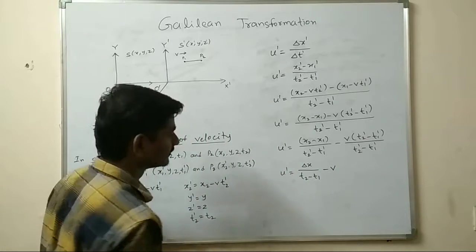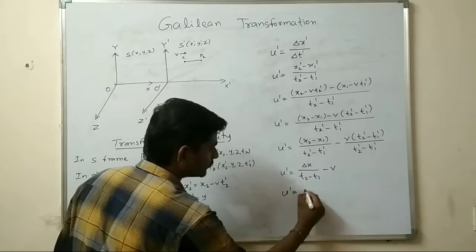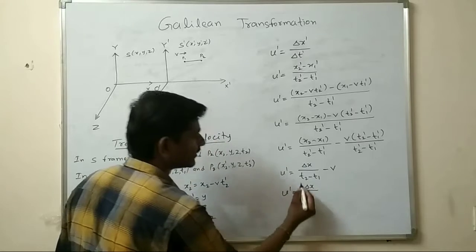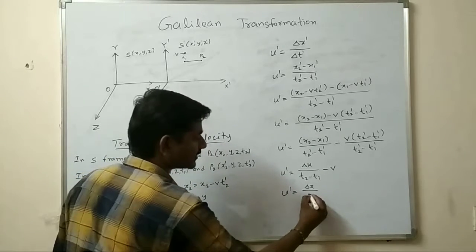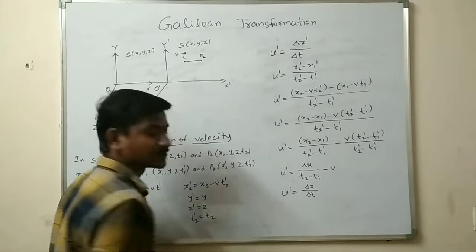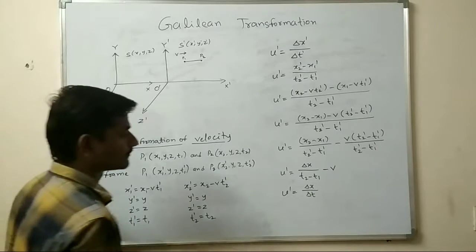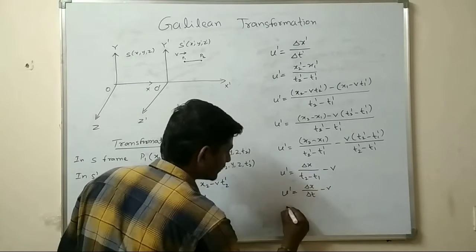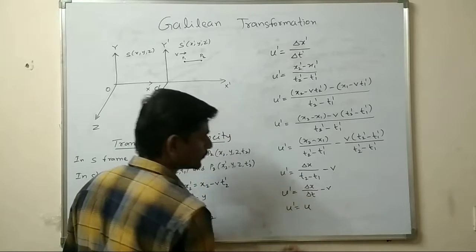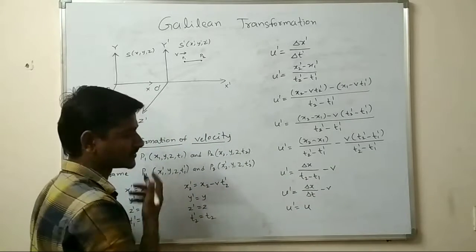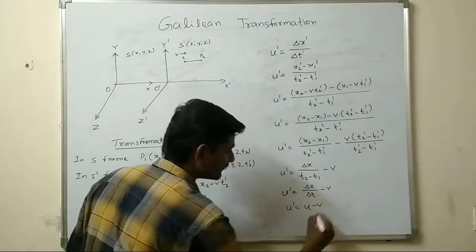This is v. u dash is equal to delta x divided by t2 minus t1, which is nothing but the change in time as measured in the s frame, minus v. u dash is equal to u, the velocity of the particle as measured in the s frame, minus v.